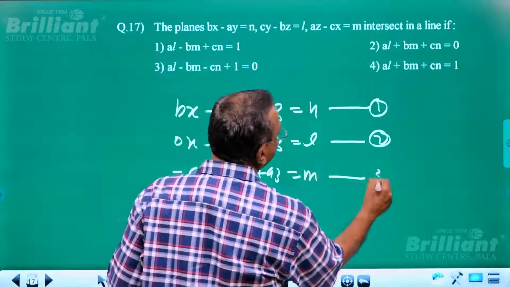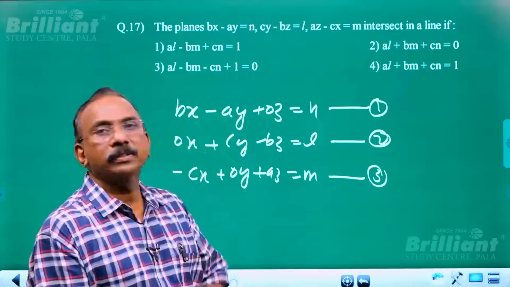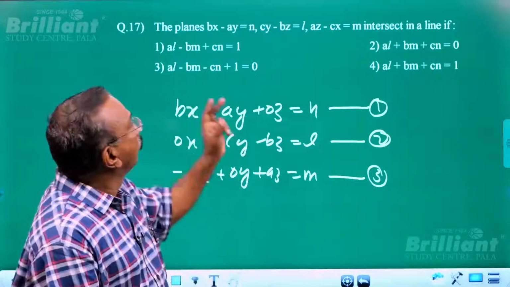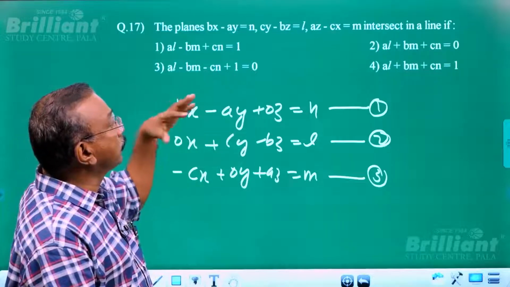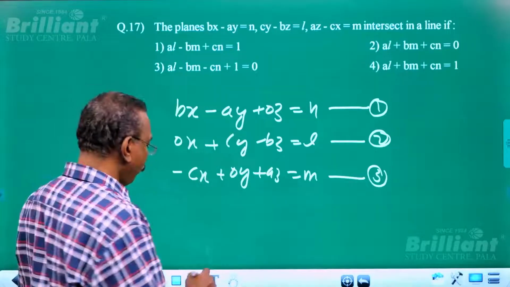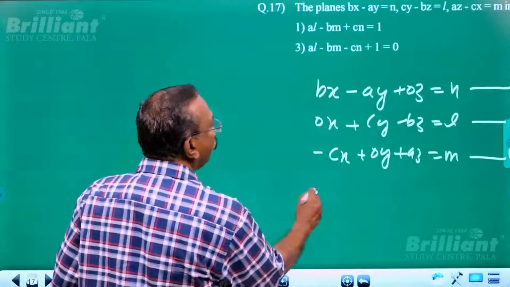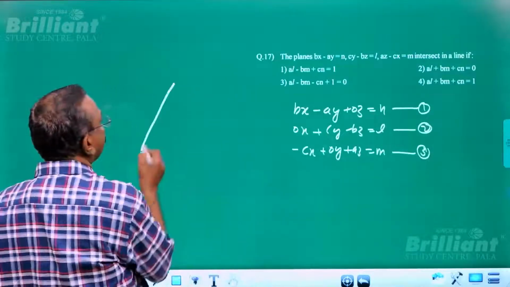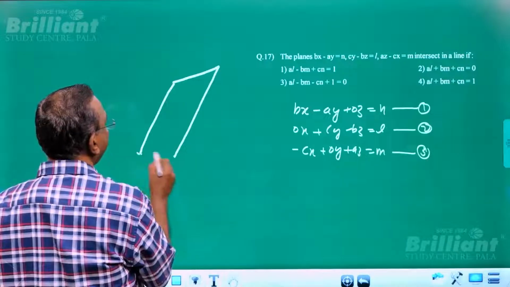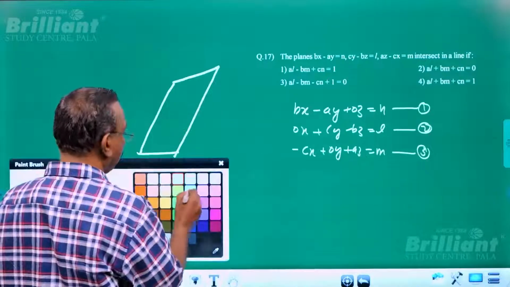So these are three planes. You want to find the condition for which all these planes intersect on a line. So what is the feasibility of the problem? You know, when there is such a question, you can identify one plane. This is one plane. And I mark another plane here.